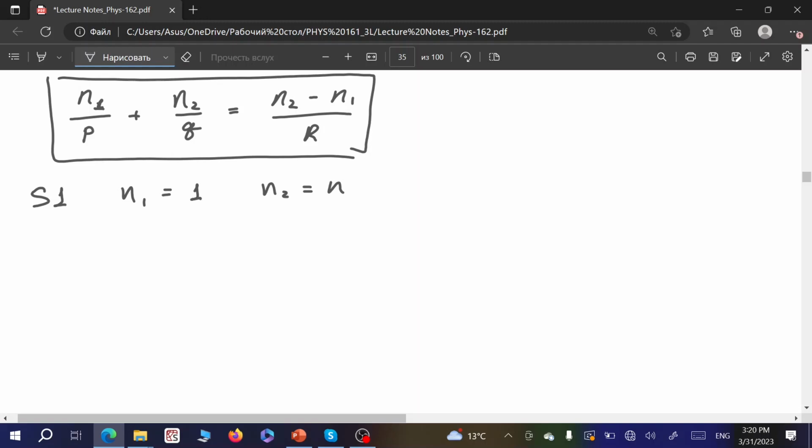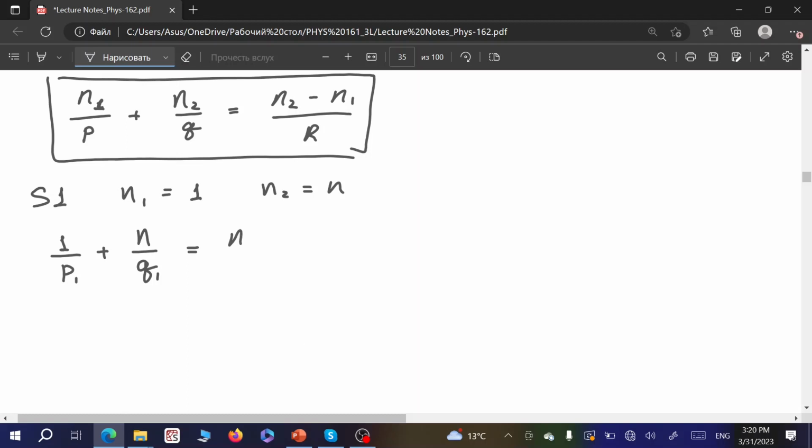Then we can write for this specific case 1 over P1, where P1 is the distance from the real object to the air-glass interface, this first interface S1, plus N over Q1. Q1 is the distance from the first interface to the image of the real object created by the first interface.